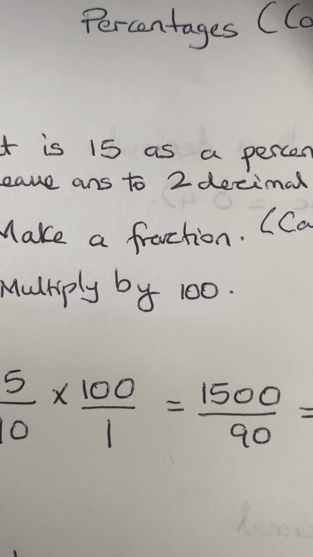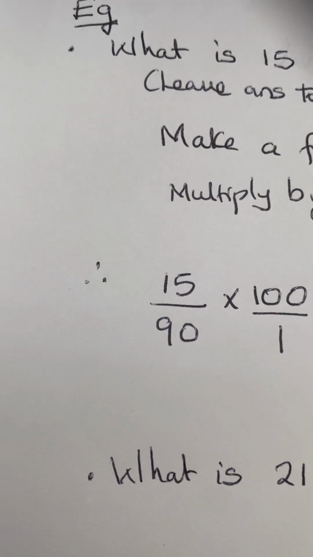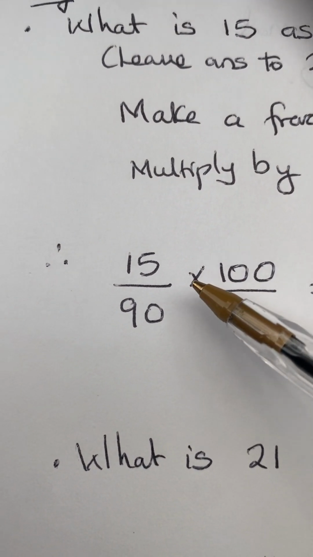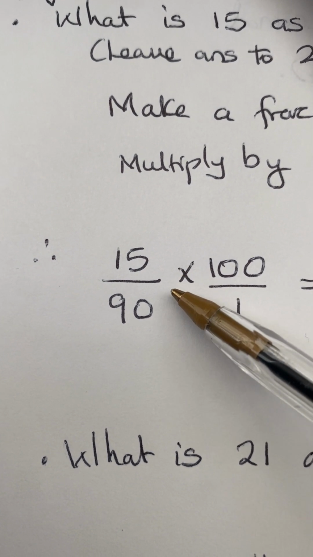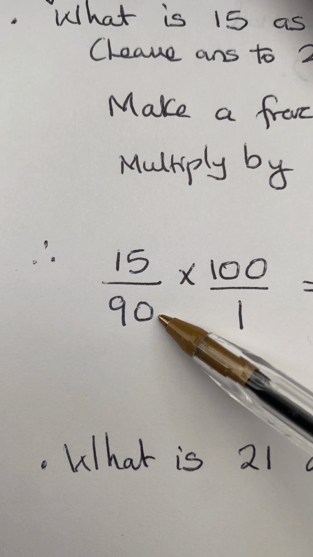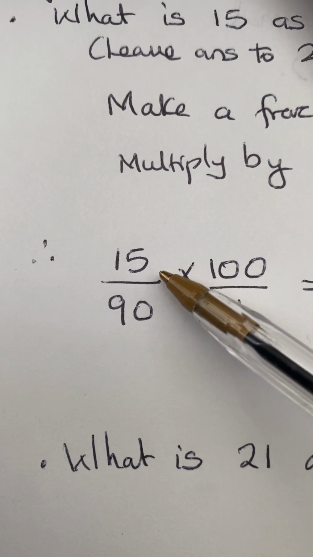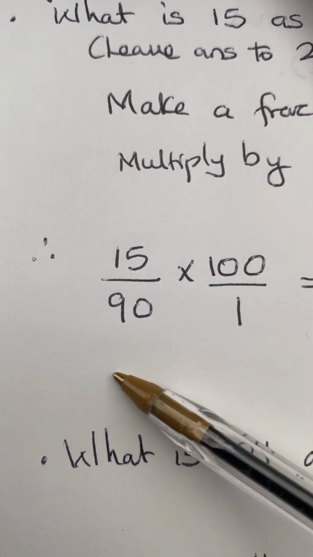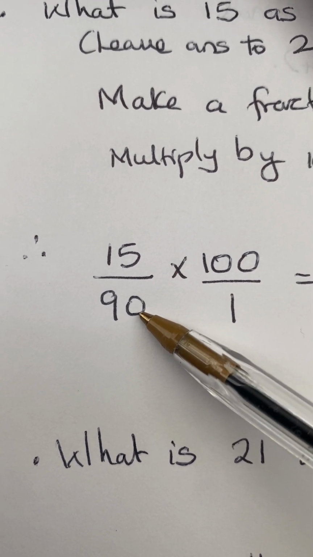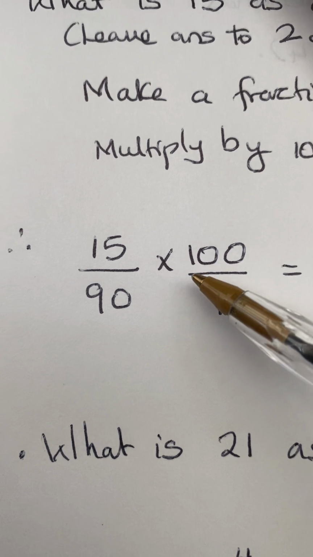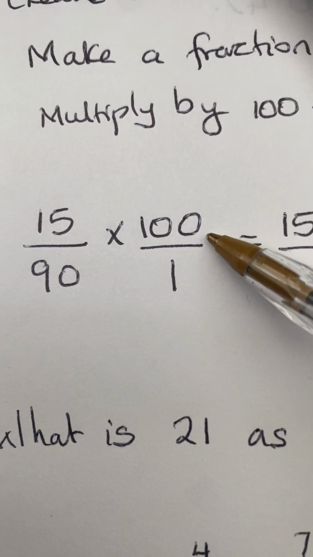I hope I'm making sense. So we make a fraction first. So the first part is the fraction: 15 over 90 times 100.